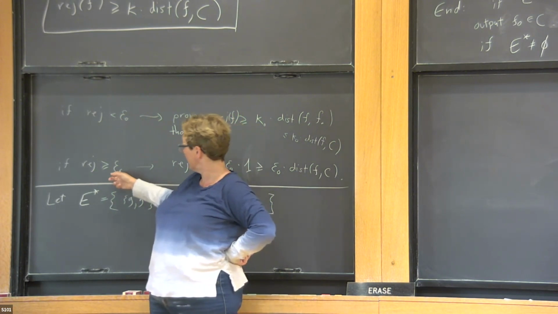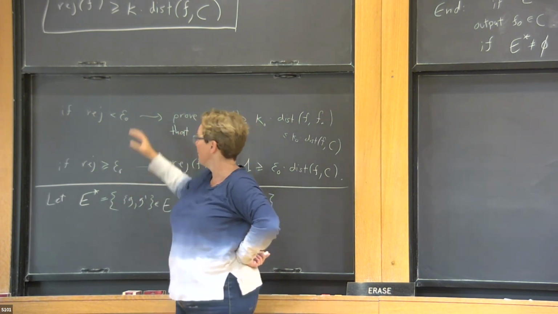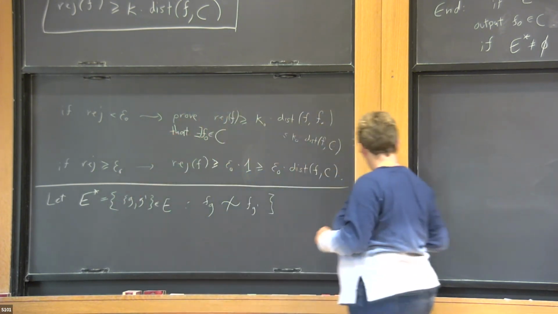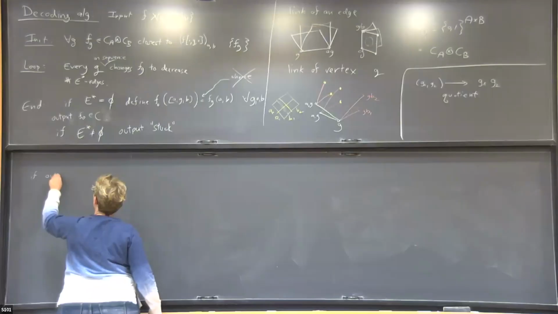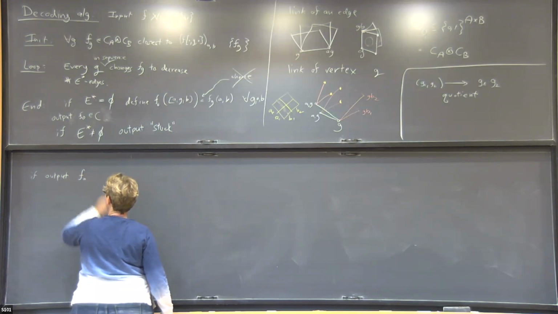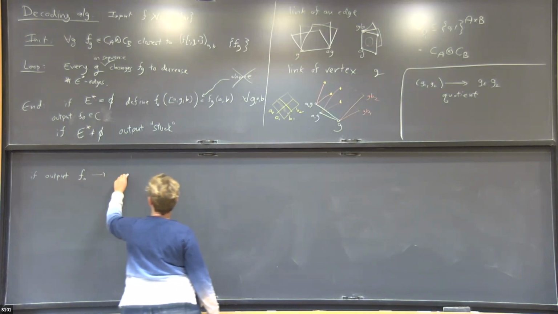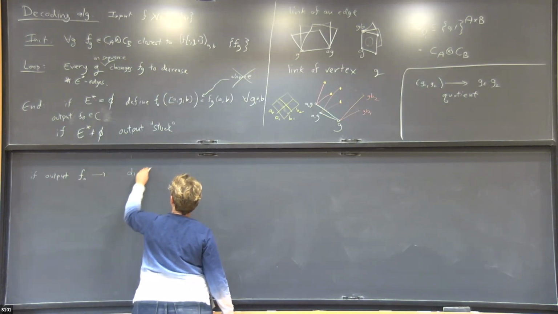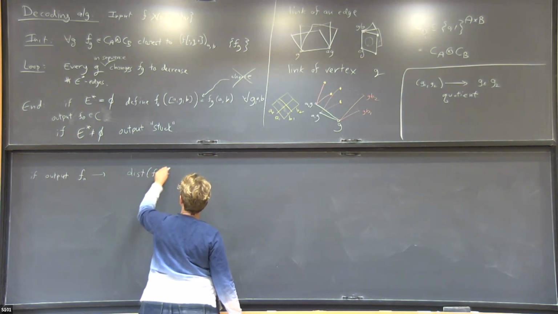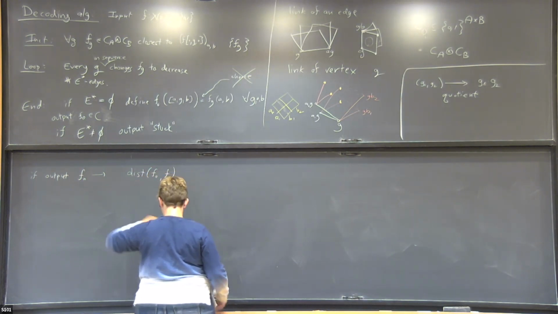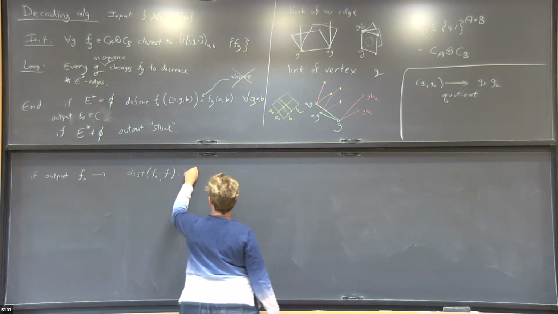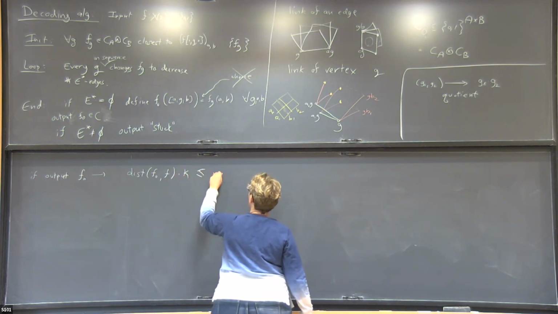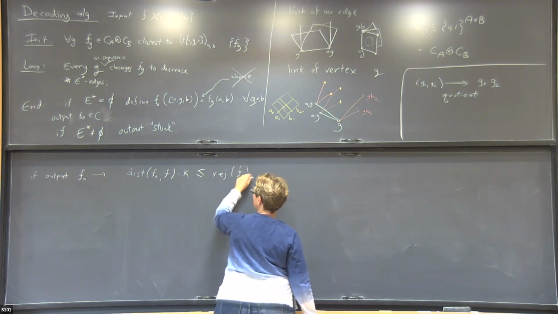We're going to say this: if we output F naught, then it would be true that the distance of F naught from F, times some K, is at most the rejection of F.